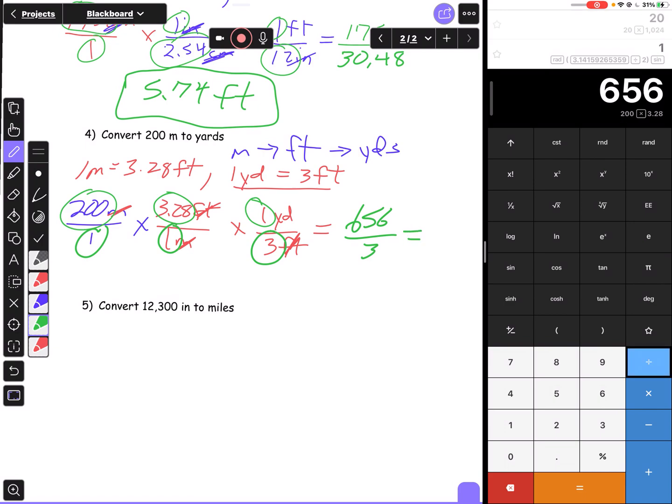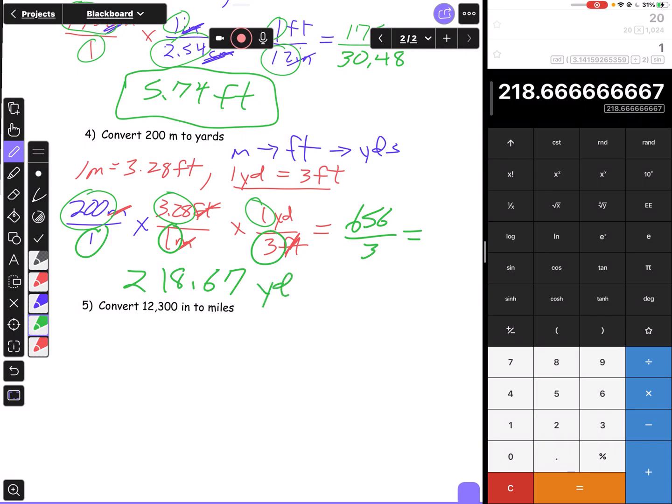So 656 divided by 3 gives me 218.6 repeating, which to 2 decimal places is 218.67, rounding up to 7. And my units would be yards, which I'm looking for. So 200 meters is the same thing as 218.67 yards.